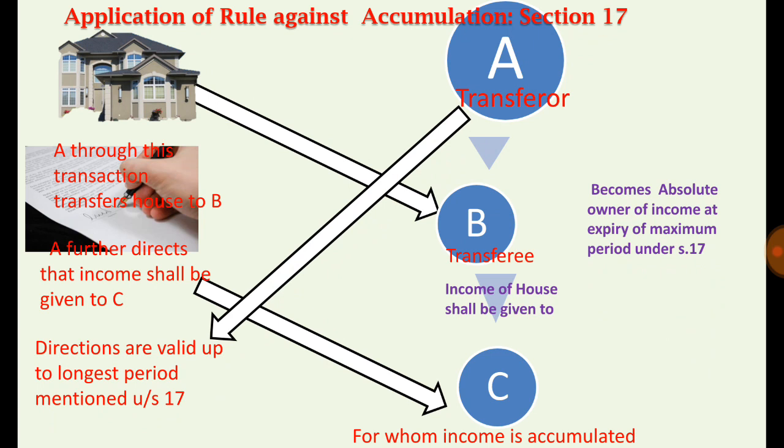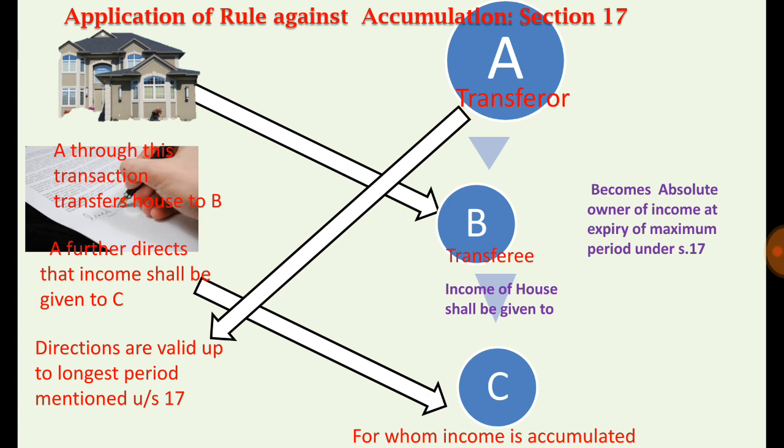That will be dealt with by section 17, and with application of the rule against accumulation, the directions given by A to B for accumulation of income to be given to C are valid only up to the longest period provided by section 17, and that longest period is the life of the transferor or 18 years from the date of transaction, whichever is longer.